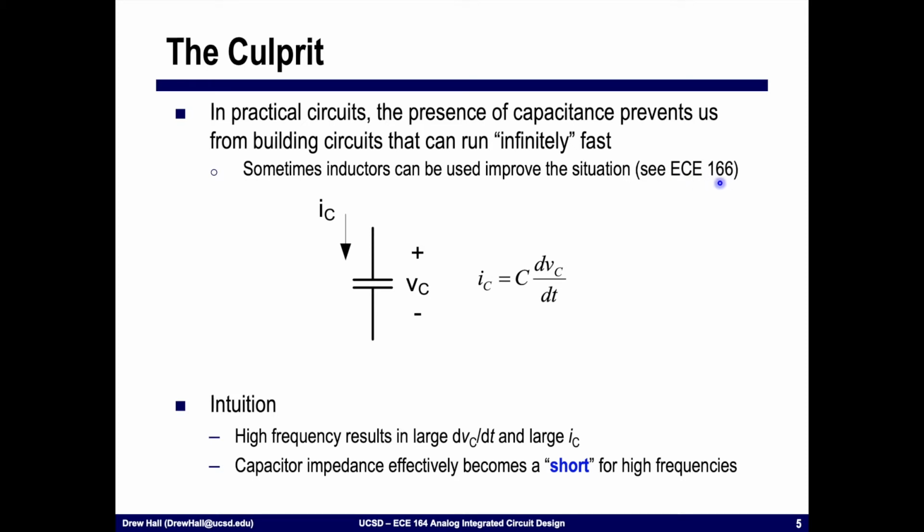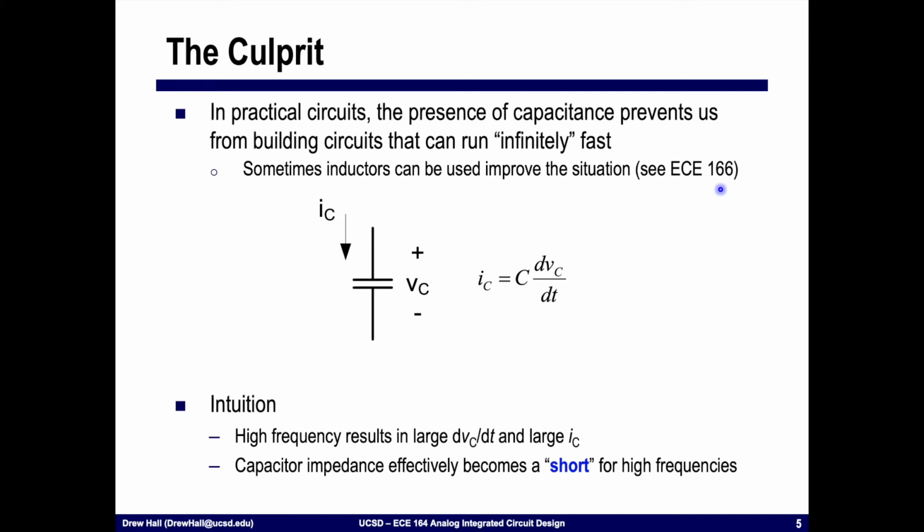As you'll see many times in 166, you will use resonance, i.e. we're operating in a very narrow frequency range, and so we can resonate out the capacitive effects around a particular frequency. However, if you want broadband, i.e. circuits that operate over a wide frequency range, inductors typically don't work.